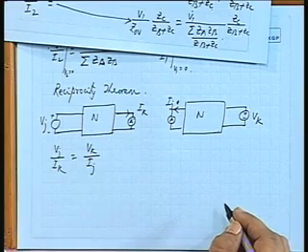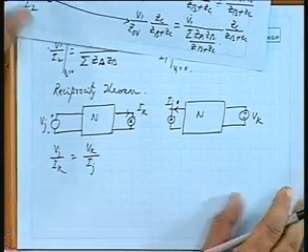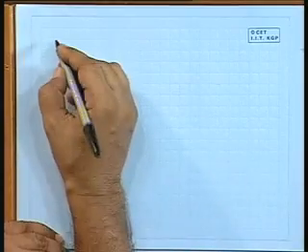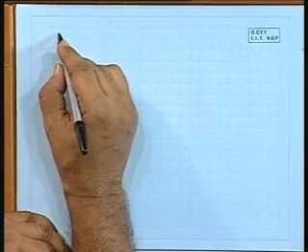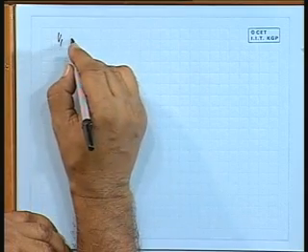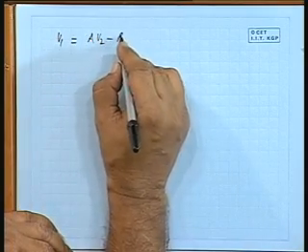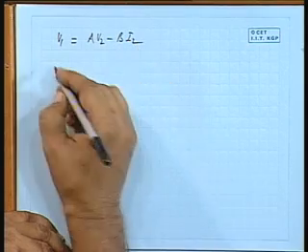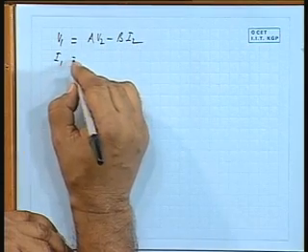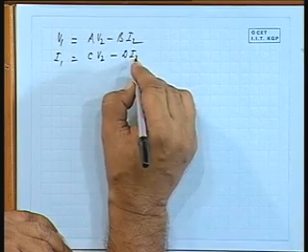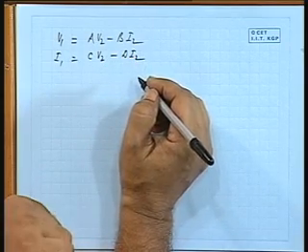Next we go to the transmission parameters. We write the equations like this: V1 equals A times V2 minus B times I2, I1 equals C times V2 minus D times I2.